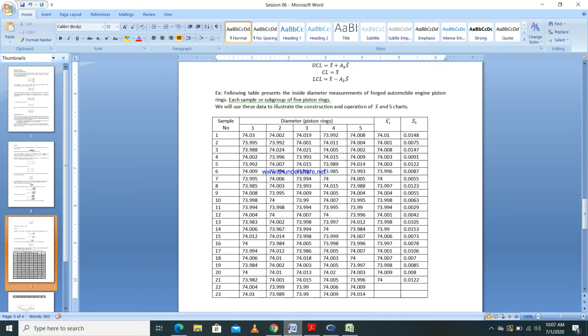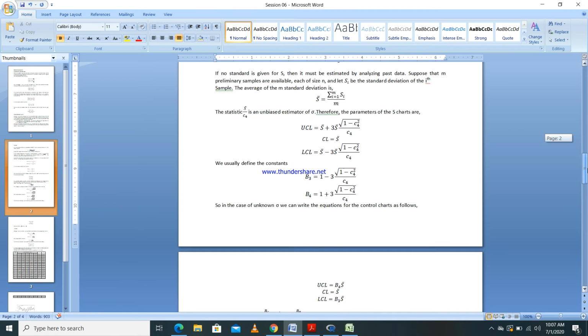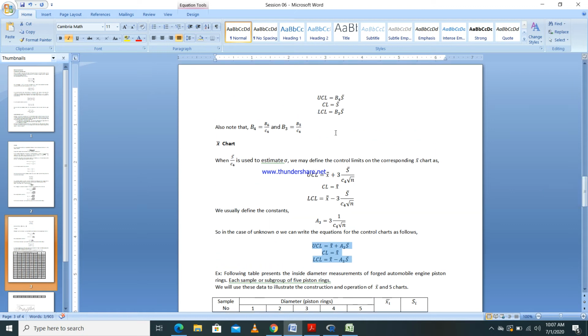If you have a look, we know when the population mean and the standard deviation are unknown, and when we want to construct the S bar chart, these are the final set of equations, right? So that is to construct the X bar chart, right? And if you want to construct the S chart, these are the final set of equations, okay?